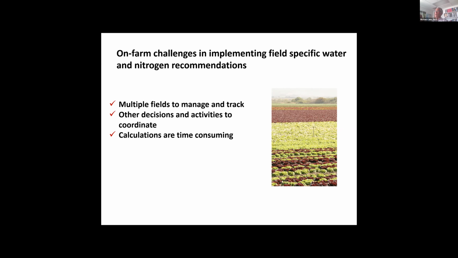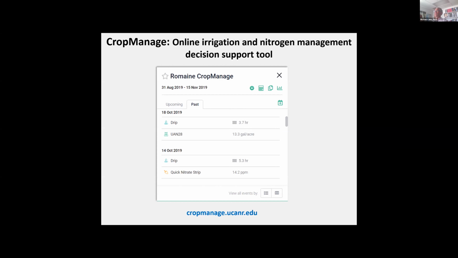So thinking about how we can facilitate better management of water and nutrients using this approach, we realized we are going to need some type of software application that can automate it. And that's really the reason we started developing CropManage.